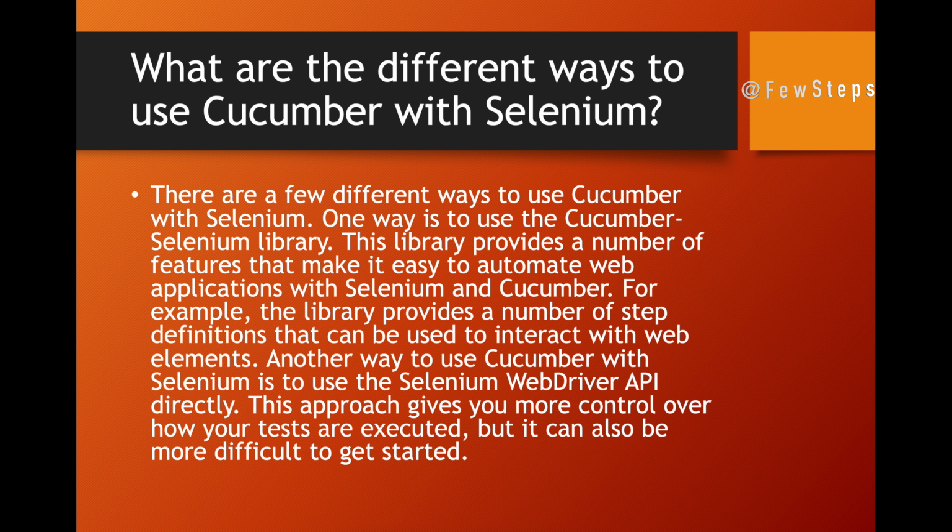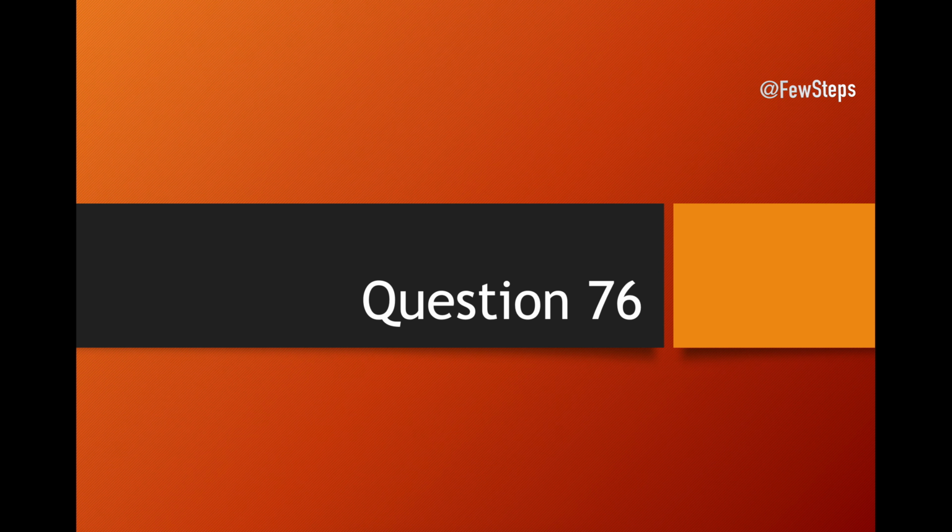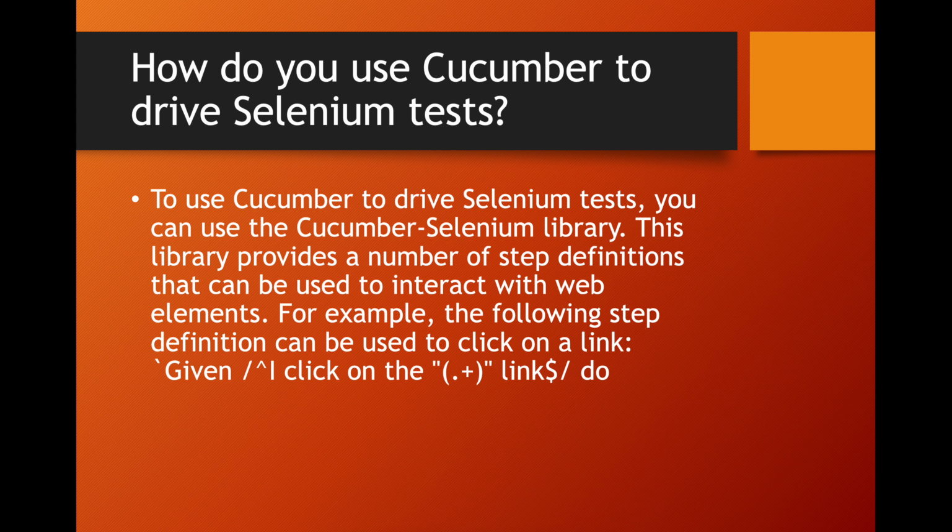Another way to use Cucumber with Selenium is to use the Selenium WebDriver API directly. This approach gives you more control over how your tests are executed, but it can also be more difficult to get started.